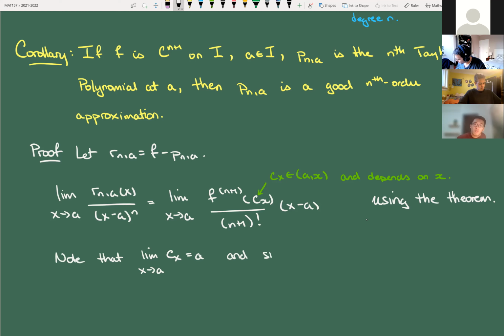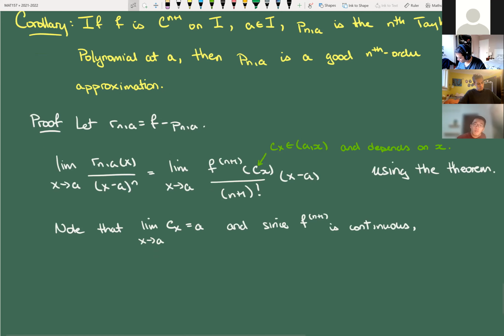And since f^(n+1) is continuous, because we assumed that f was C^(n+1), the limit as x approaches a of f^(n+1)(c_x) is just equal to f^(n+1)(a). Okay, so this limit exists.